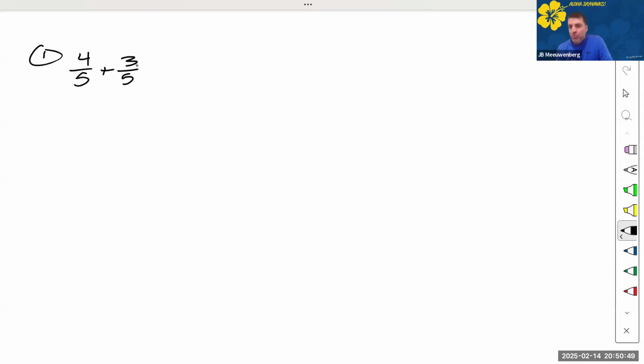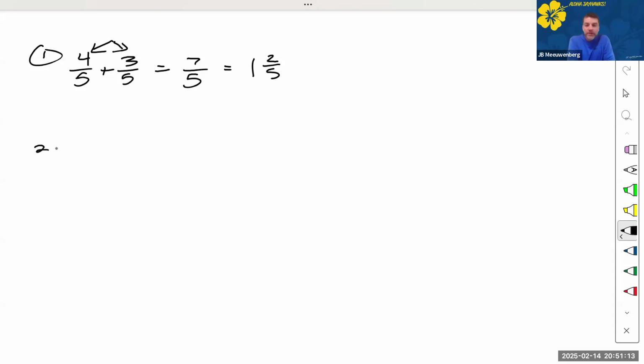So whatever approach you took, you should have ended up with 7/5. Again, you're really counting how many fifths there are. 4 here, 3 here, together that makes 7/5. Now, we want to make sure we put that in a mixed number if necessary. And so that would be 1 and 2/5. 5 goes into 7 once with the remainder of 2.